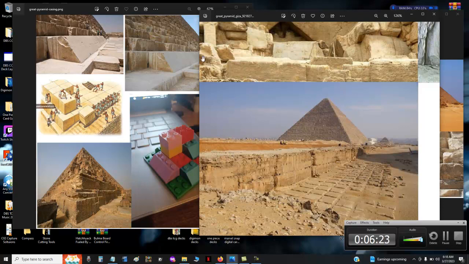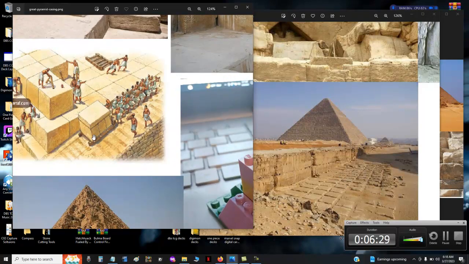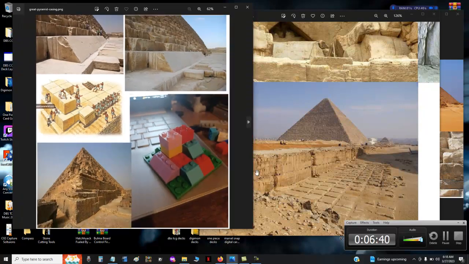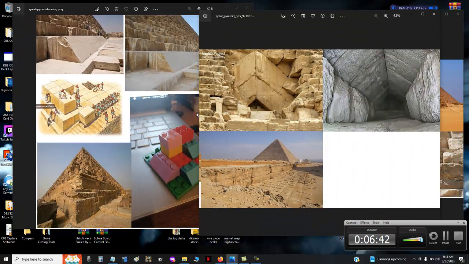So they were essentially blocks, which will lead to the use of sleds and stuff like that. Because you're not trying to drag the rocks on rocks, you rather drag the wood on rocks, right? So there's that.